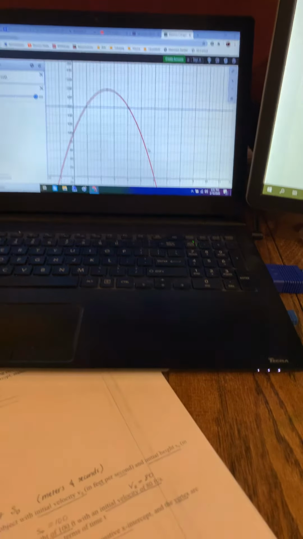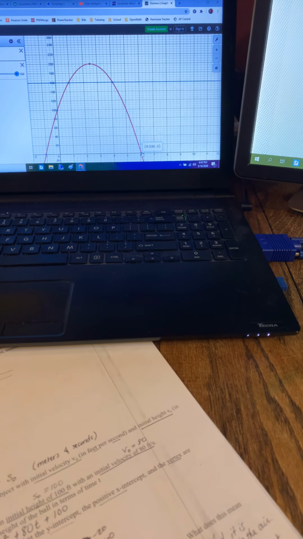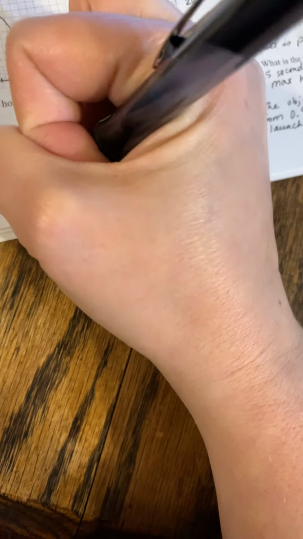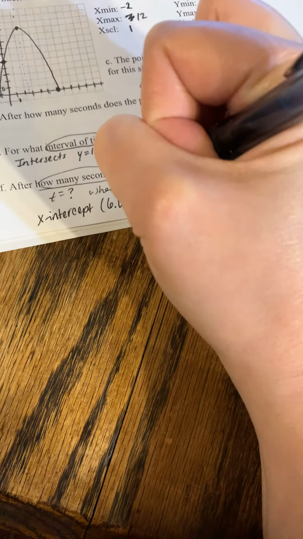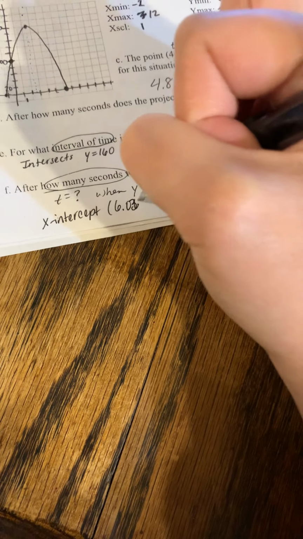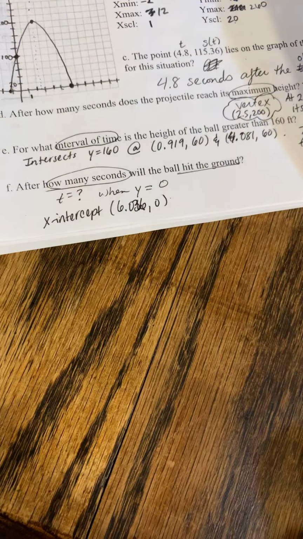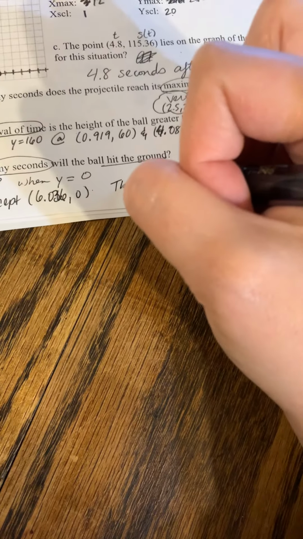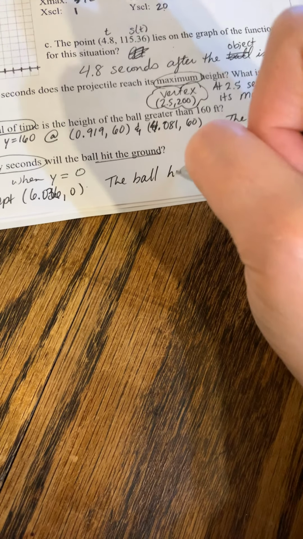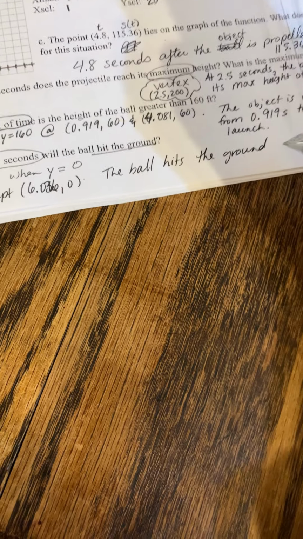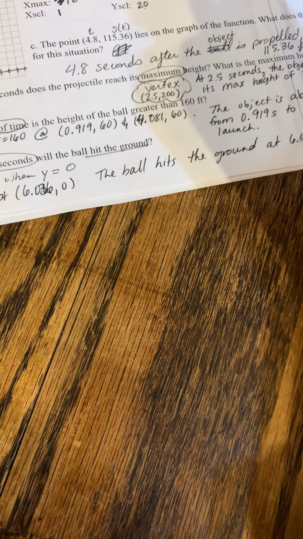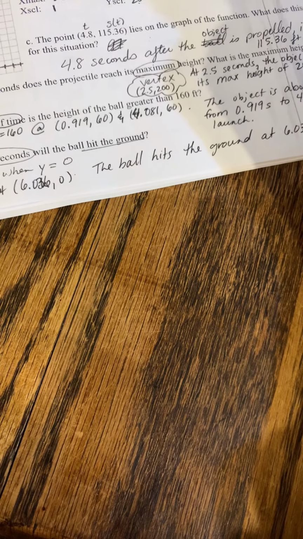If you click back on the red one, the x-intercept is 6.036, 0. Okay, so the ball hits the ground at 6.036 seconds. And there you go.